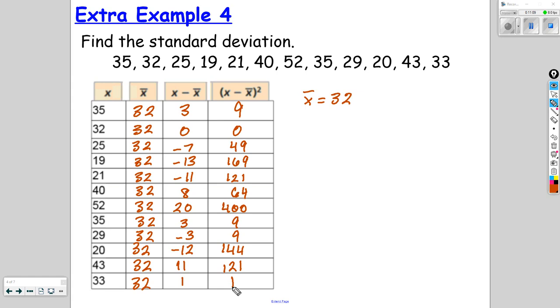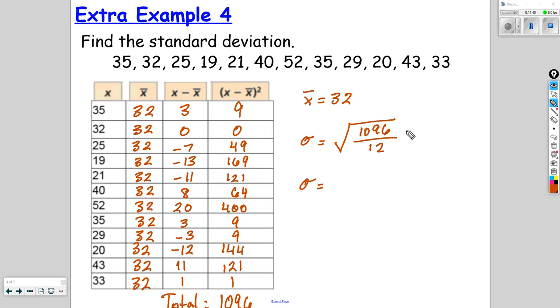And then, like before, we're going to find the total of that rightmost column. Now, if we add up all these values, we get 1,096. And then to find the standard deviation, we're going to take the square root of the sum of those squared deviations, which is 1,096, divided by the number of data values in this data set, and that's 12, because we're still talking about the show here.